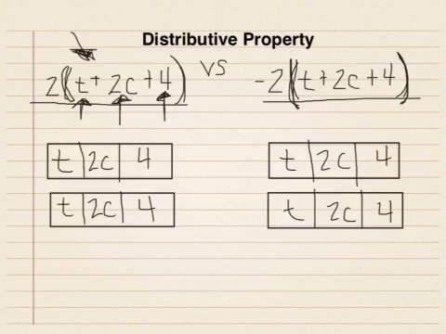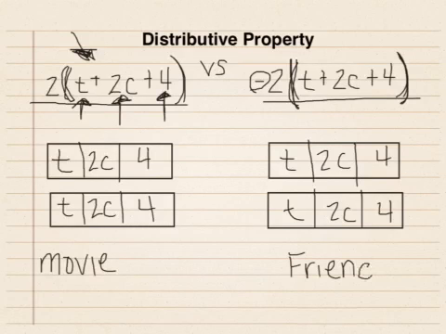And so if we think about it, if this is the opposite, then this would represent the movie theater perspective. And then since this is a negative or the opposite, this would just represent the kids, or the friends, spending the money.